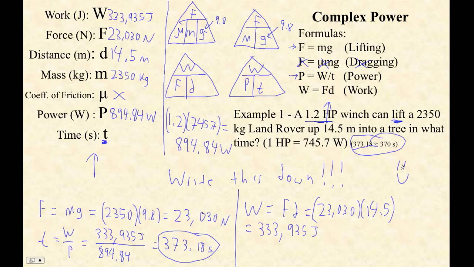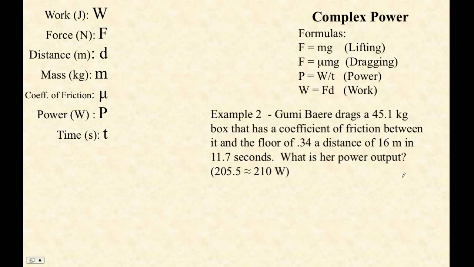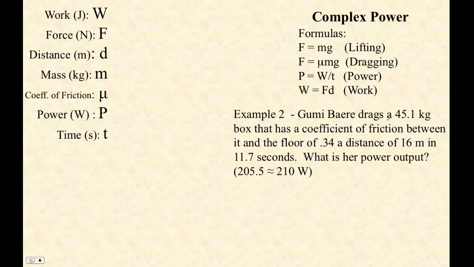Let me do another example that has friction in it. Gummy Bear drags a 45.1 kilogram box that has a coefficient of friction between it and the floor of 0.34, a distance of 16 meters in 11.7 seconds.